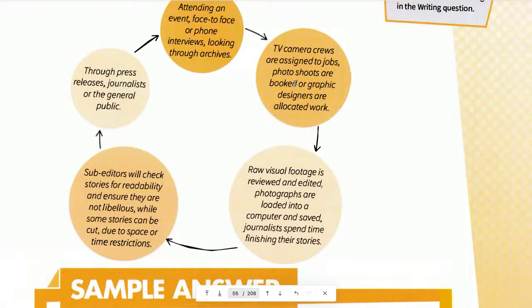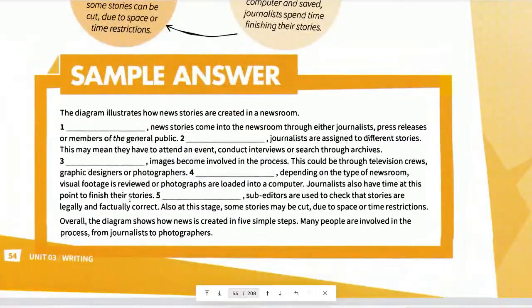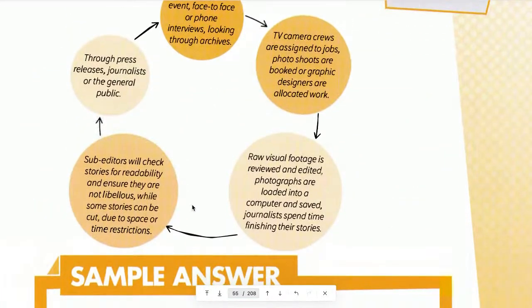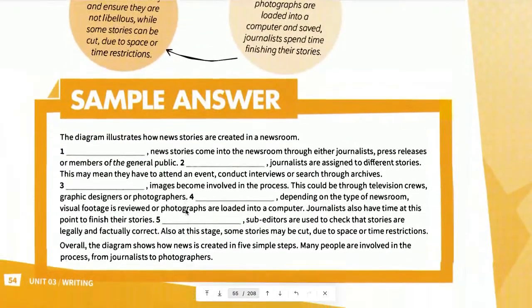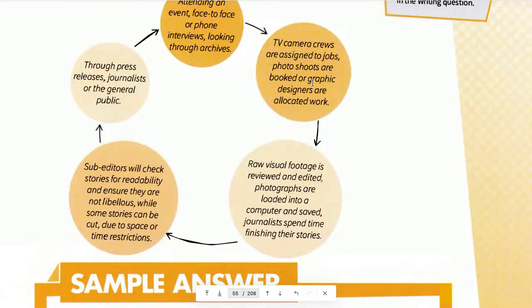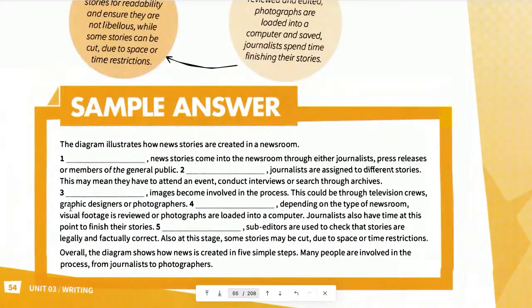And then they use photo shoots are booked. Yes, photo shoots are booked means photographers. Don't think that is graphic designers, okay? And lastly, graphic designers are allocated work. So we are talking about graphic designers.